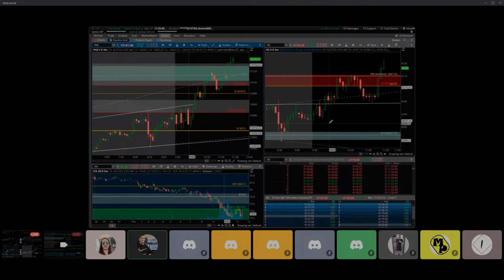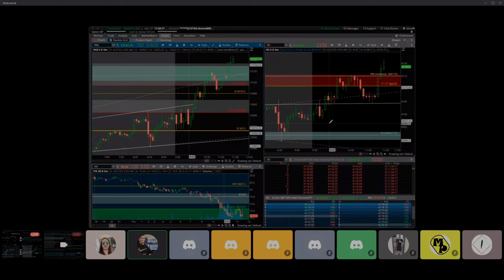Look at that hammer. We're getting that beautiful hammer on the 5 minutes right there. God no. I was just gonna pop higher now. That's what it's been doing all day.